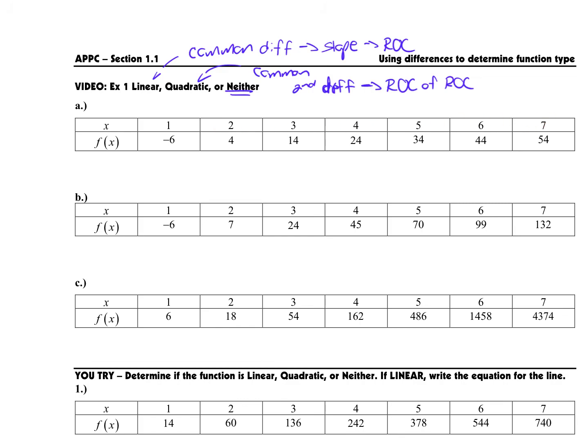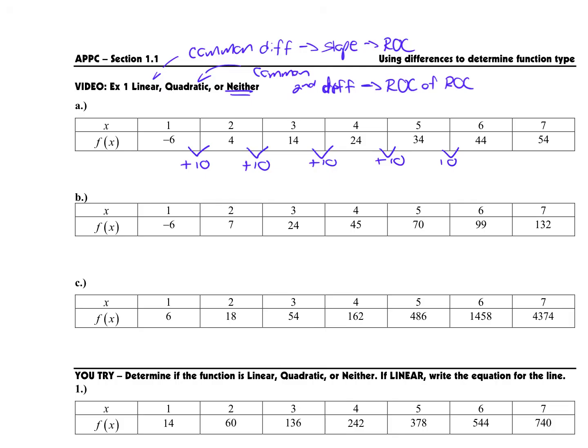We've got our x values across the top. We've got our y values, our f of x functions across the bottom here. And what we're going to do is start comparing these y values. How do we get from the first to the second? We can see from -6 to 4, we're adding 10. From 4 to 14, we're adding 10. 14 to 24, we're adding 10, and so on.